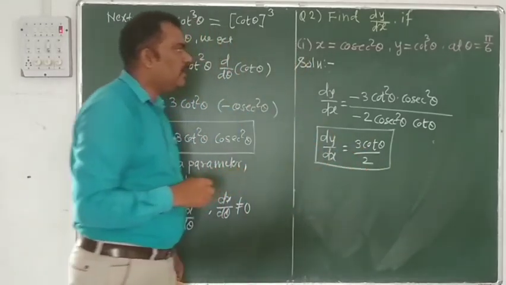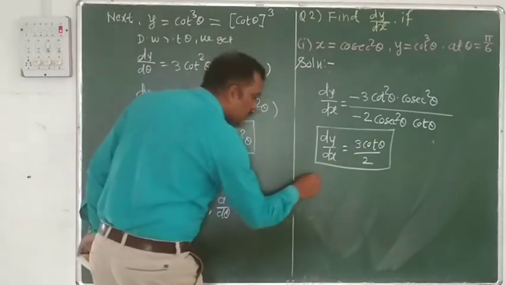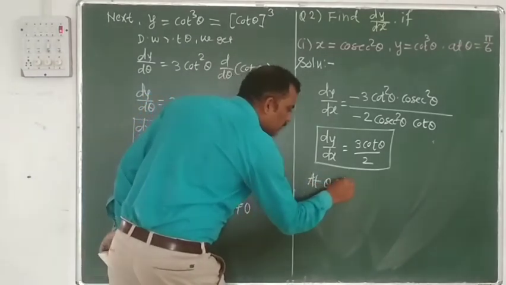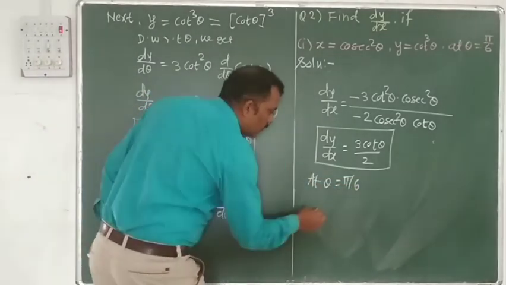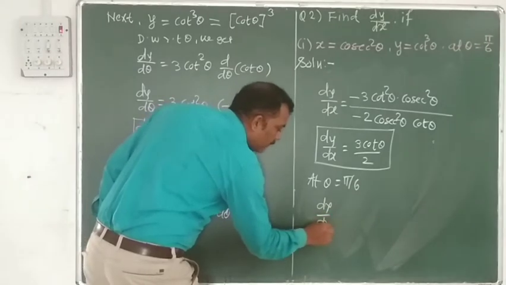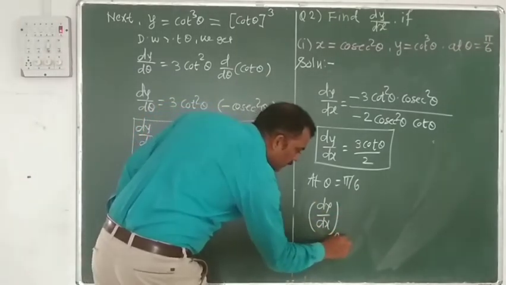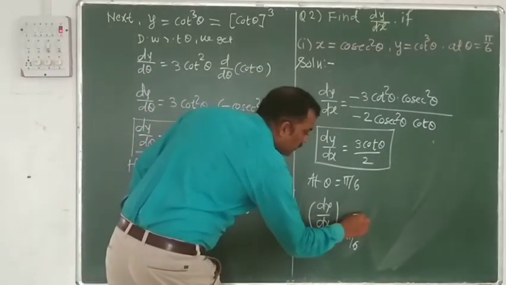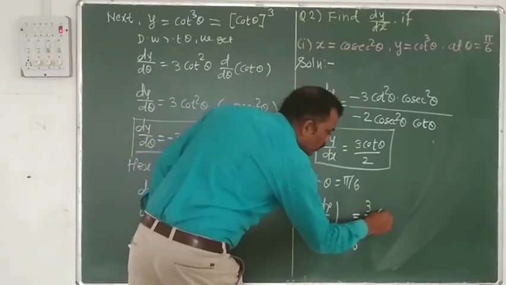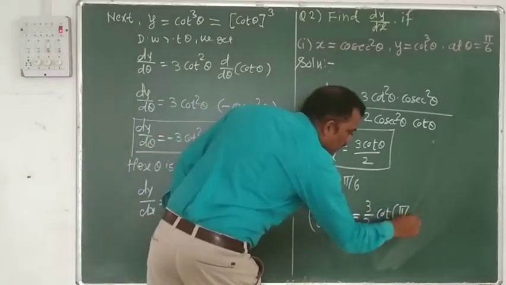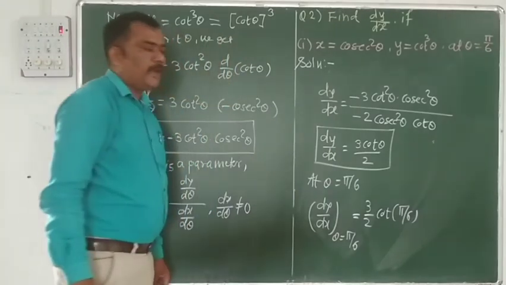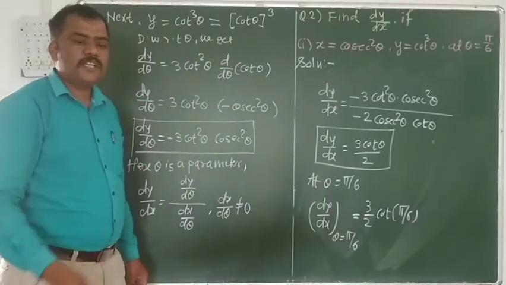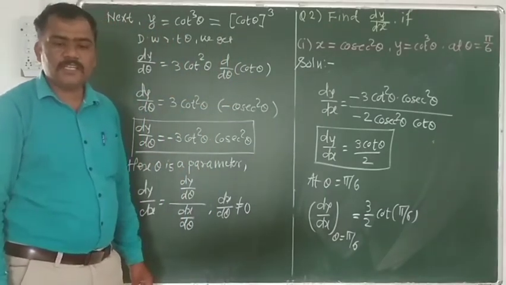We can find this value at theta is equal to pi by 6. At theta is equal to pi by 6, dy by dx at theta is equal to pi by 6 is equal to 3 by 2 cot of pi by 6. Cot pi by 6 means cot 30 degree. And what is the value of cot 30 degree?